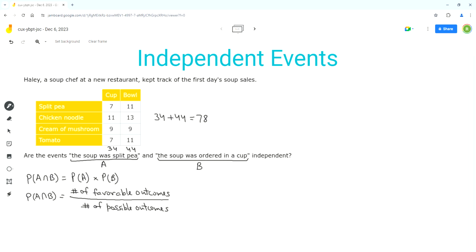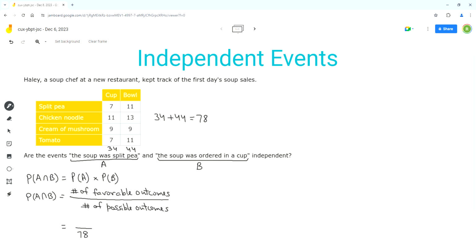For probability of A and B, the number of possible outcomes is 78, because the selected soup can be one of the 78 units sold on day 1.